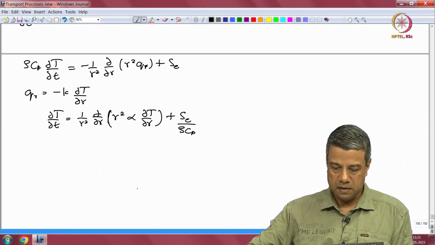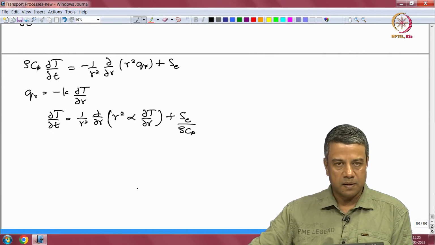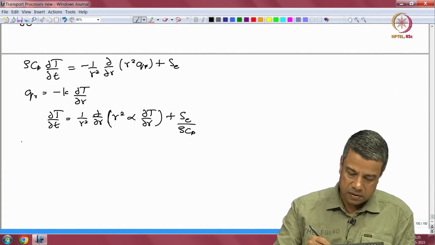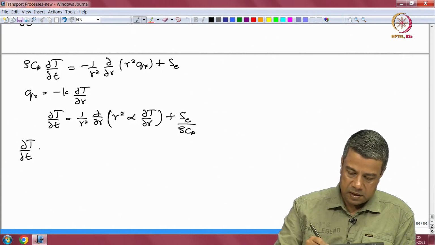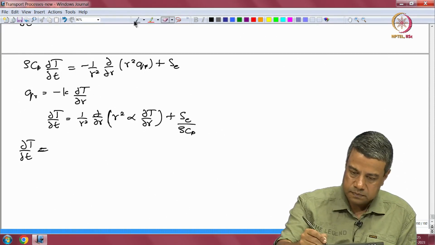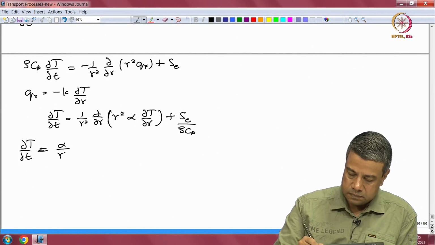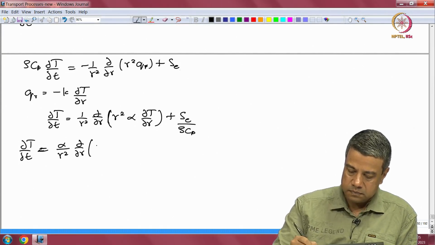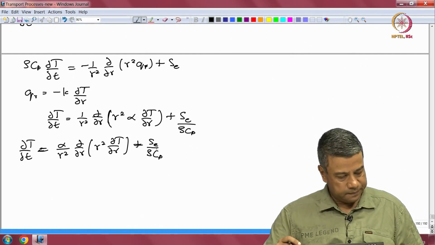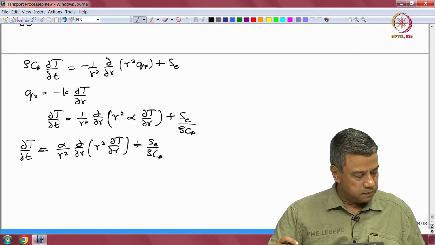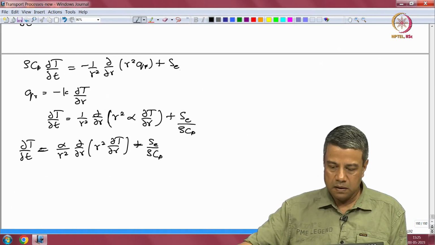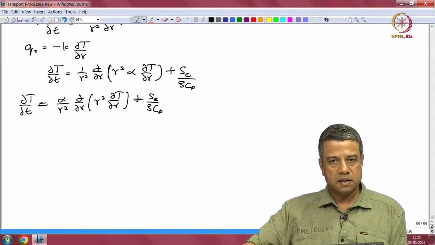And if the thermal diffusivity is a constant, then the equation reduces to partial T by partial t is equal to 1 by alpha. So, this is the balance equation.